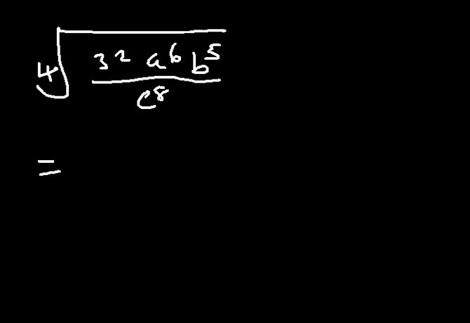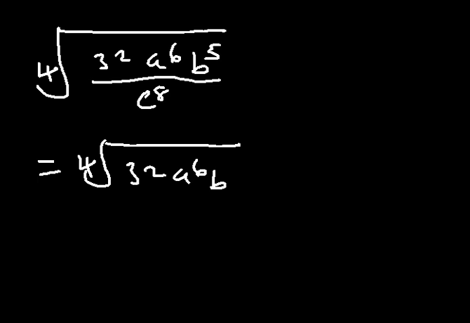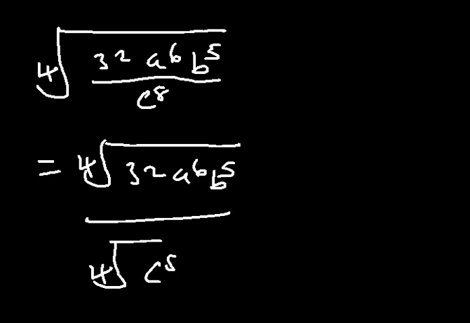That is the number formed upon having the said number multiply itself 4 times. So before we go further, this is the same as the fourth root of 32 times a to the power 6 times b to the power 5, divided by the fourth root of c to the power 8. Now let's think of breaking the values that we have.